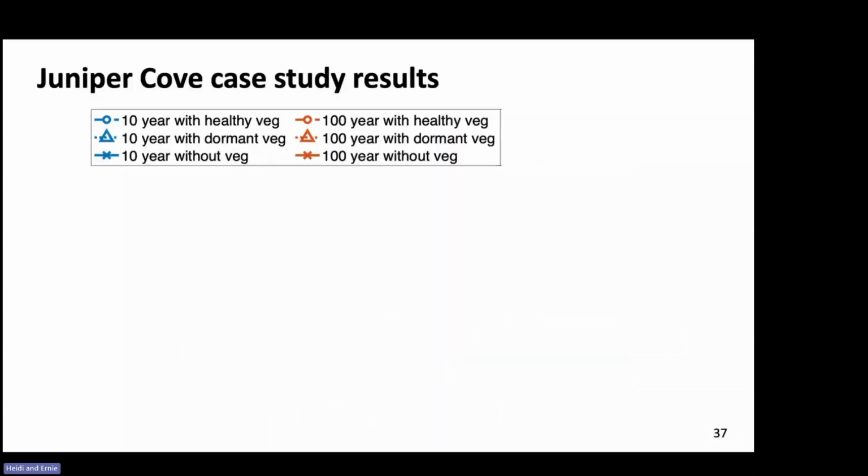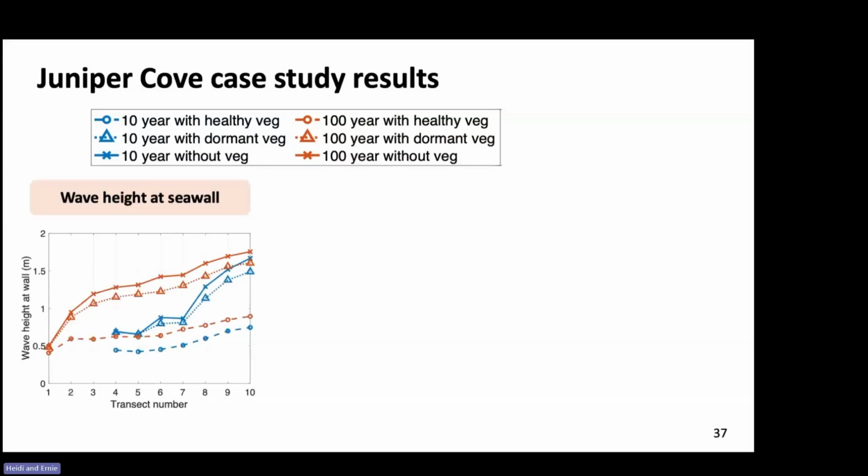So looking at some of the results, looking at the 10-year and 100-year storm events, I denote circles for healthy plants, triangles for dormant plants, and crosses for cases without vegetation. By comparing, you can see that the crosses and the circles are very far apart, showing that having healthy vegetation is very important.